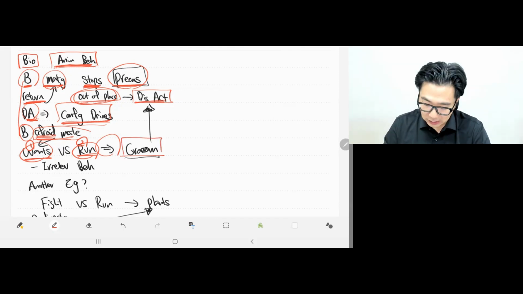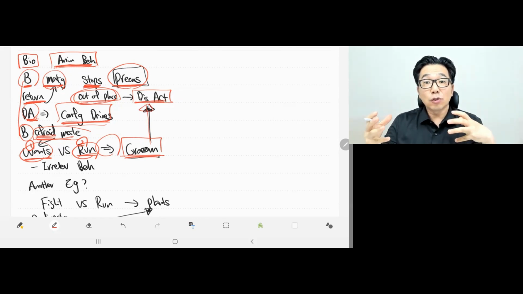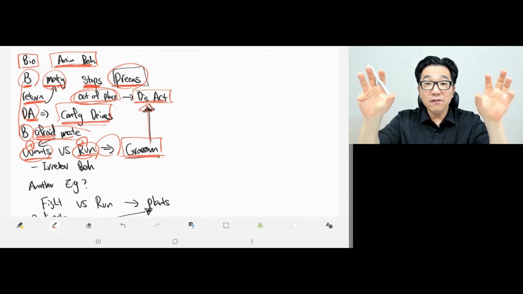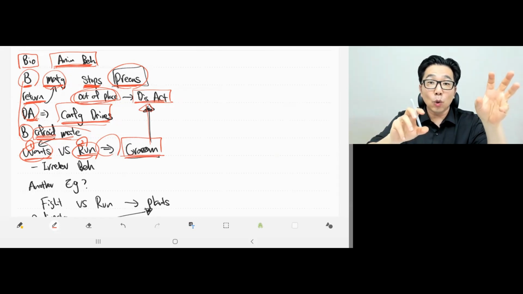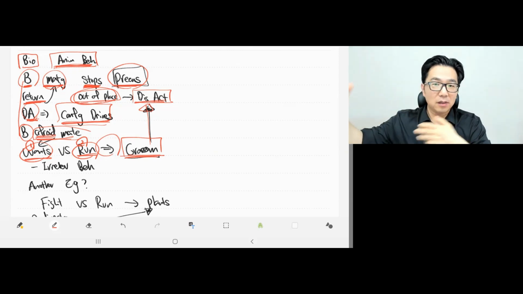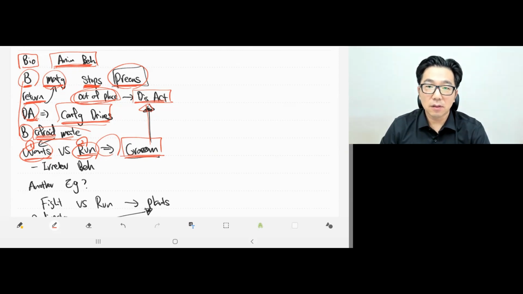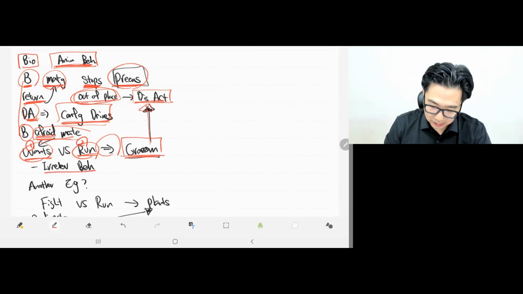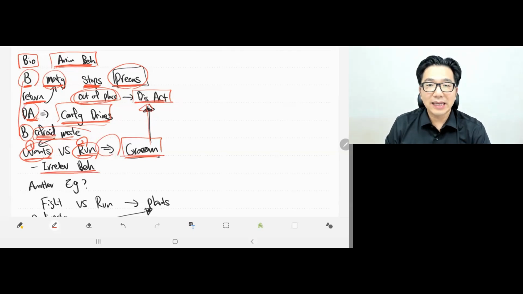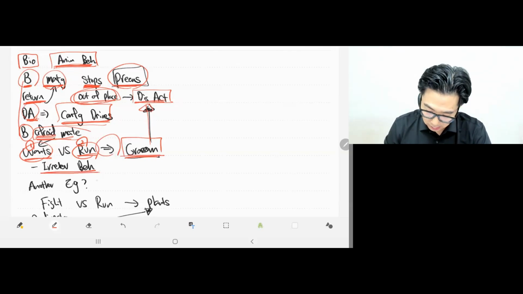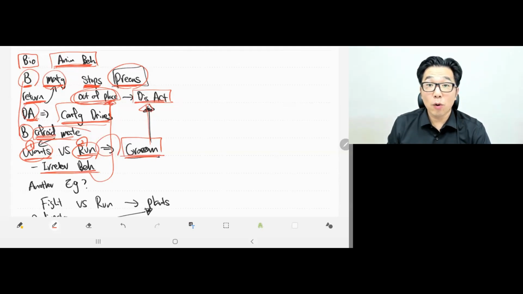So this is an example of displacement activity. You expect it to do A or B because you have two conflicting drives, but it does neither A nor B, and does something completely different, completely irrelevant and inappropriate, out of place, as already mentioned.